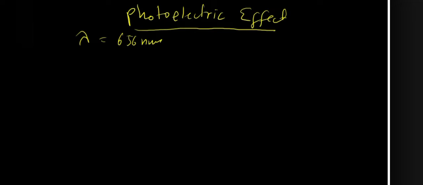So what will be the kinetic energy of the electrons as they move out of the metal? So we have projected light having this wavelength on a metal.